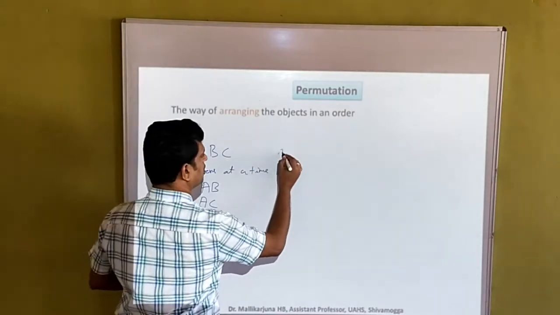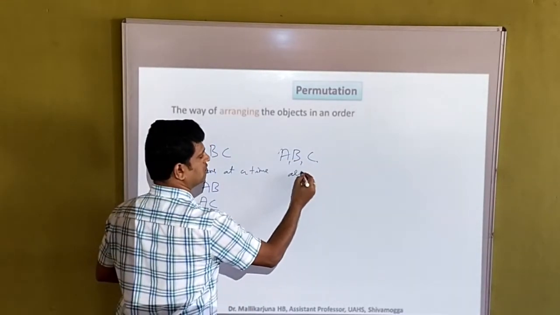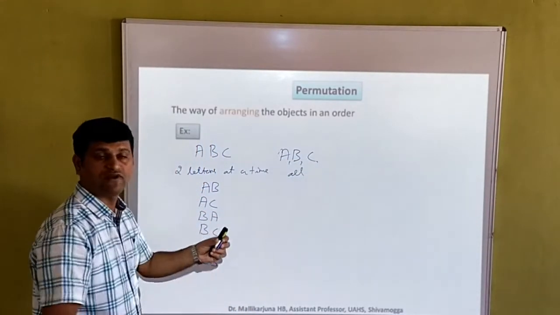Let's take another example. A, B, C, three letters, all at a time. So what are the different arrangements?